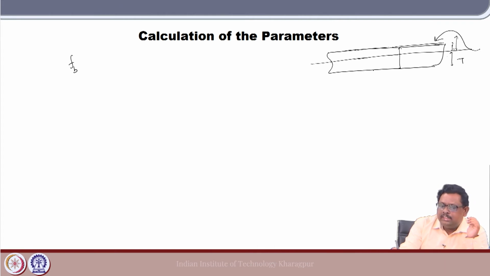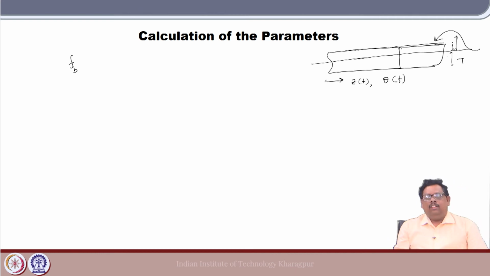The ship is also dynamic. So this ship has vertical motion, which we can call z of t, and it also has pitching, which we can call theta or z5.